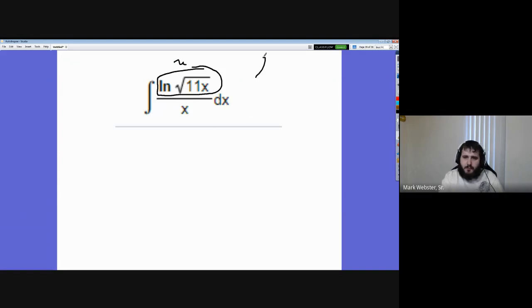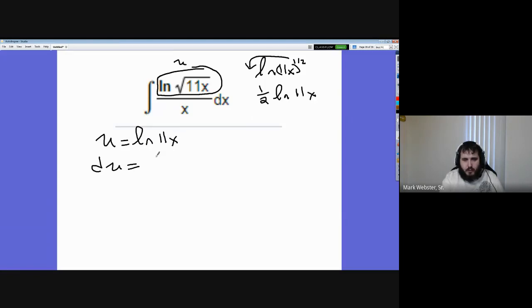Well, first of all, you can bring this down to make life easier on yourself. So if my u is natural log of 11x, my du is 1 over 11x times the derivative of 11x, which is 11. Well, that just simplifies. Then don't forget your dx.